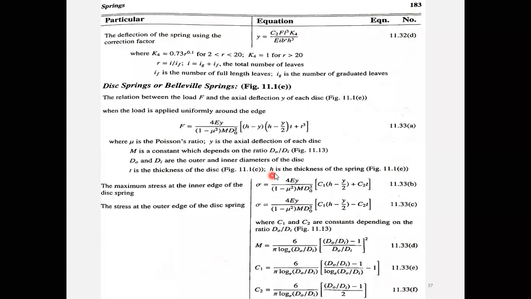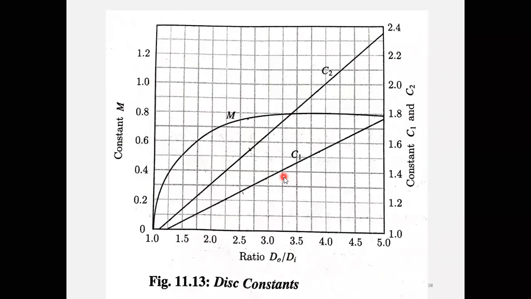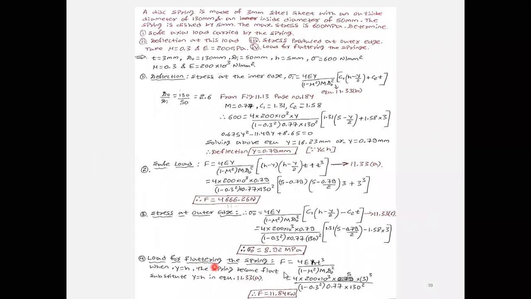The condition is H is equal to Y, meaning whatever the thickness of the spring is has to be equal to the deflection of the spring. Then only the spring will flatten. Therefore, the condition is Y is equal to H, and the spring becomes flat.